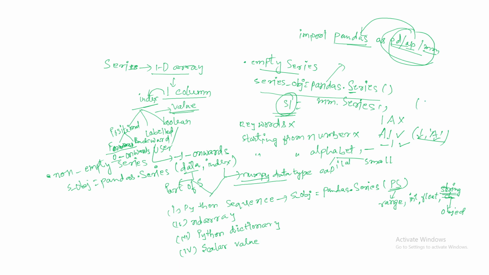If only characters A, B, C are given in the series, the data type will also come as object. So this string has 3 types. One is character, meaning a single character. We can write it in this series as data, or as index also. Another one is word, then sentence.